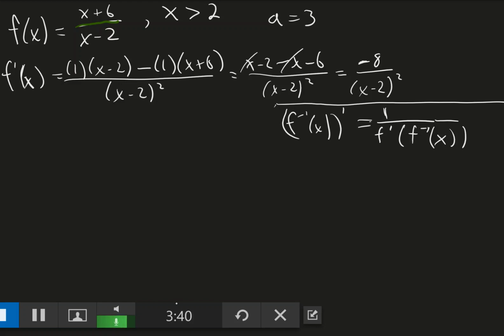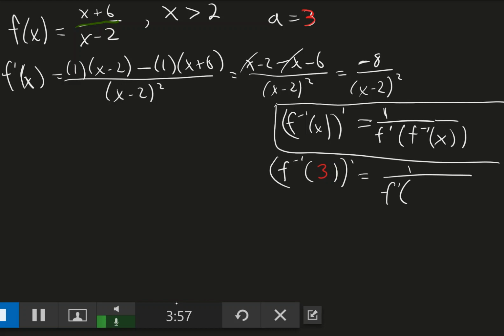In this particular question, we are trying to find the derivative of the inverse when x is 3. So we will do that by doing 1 over the derivative of the inverse of f at 3.